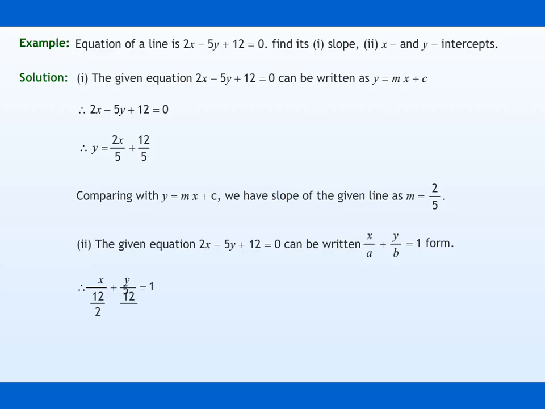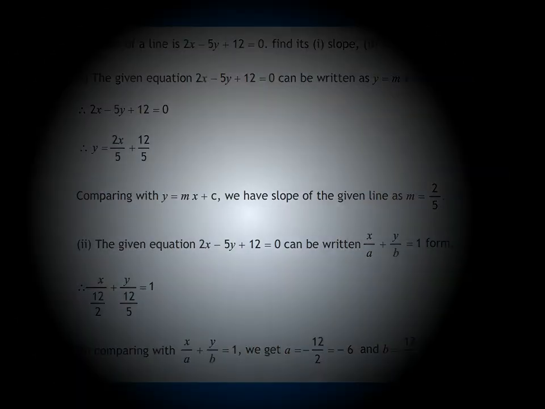Therefore, x upon (12 upon minus 2) plus y upon (12 upon 5) is equal to 1. On comparing with x upon a plus y upon b is equal to 1, we get a is equal to minus 12 upon 2 is equal to minus 6 and b is equal to 12 upon 5.